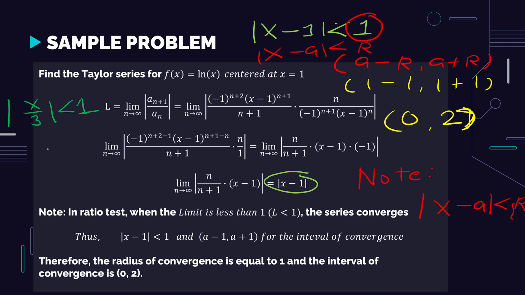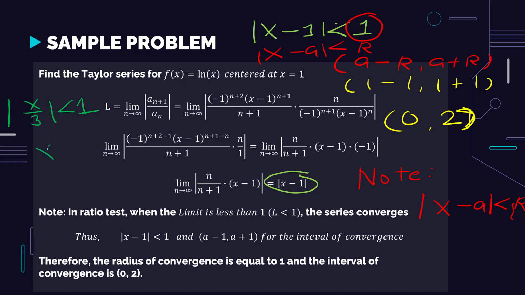In this case, you simply isolate the x by multiplying both sides by 3. When we say isolate, we just need to remove the coefficient here, which is 1/3, and have an expression only with x.